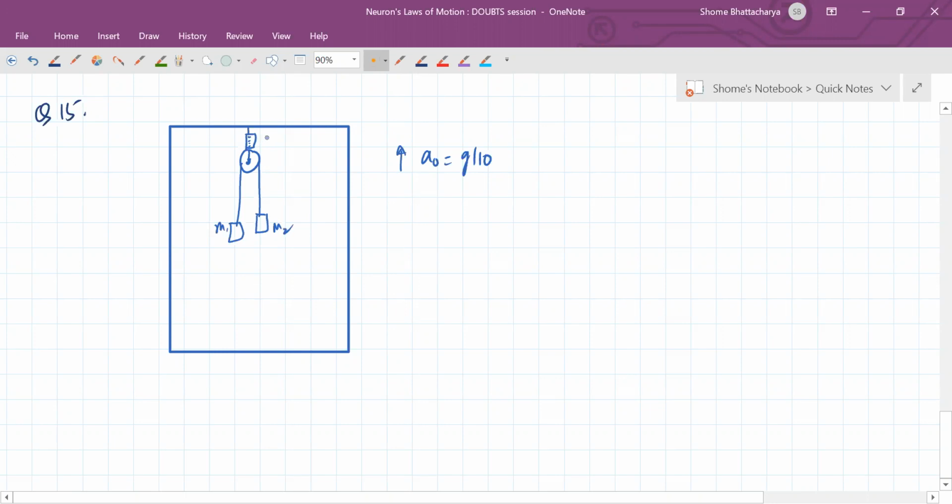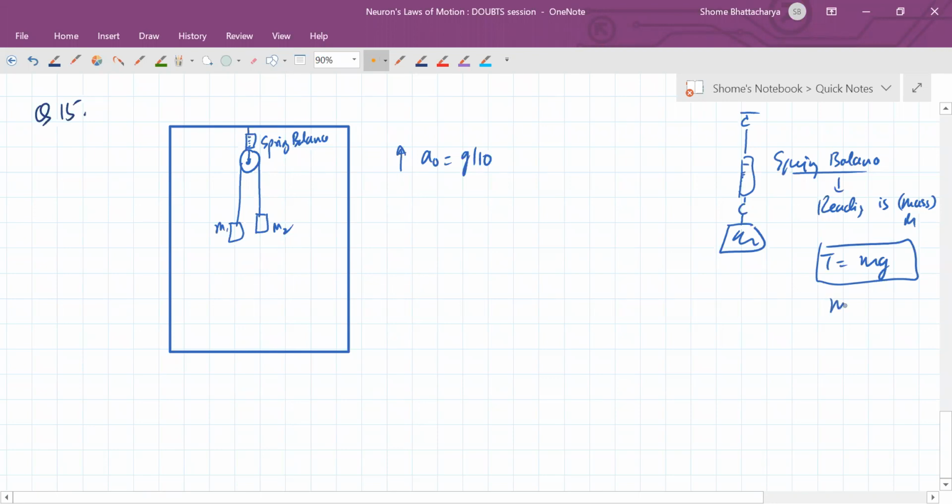Now this is a spring balance. So what does a spring balance do? The job of a spring balance is to measure weight by measuring tension. So the reading it gives you is mass m, but basically the tension is equal to mg.